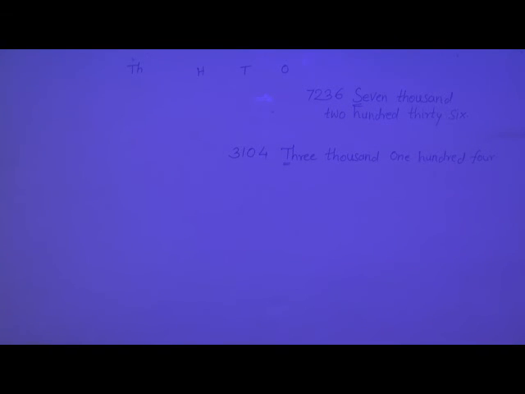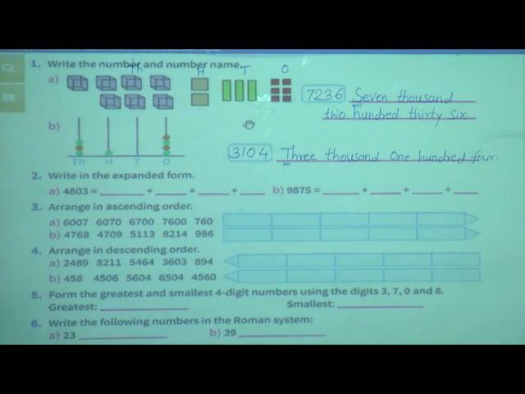The question is: write in the expanded form. The number is 4803. Many times I told you, whenever you see a number, what do we have to do? We write its places: ones, tens, hundreds and thousands.